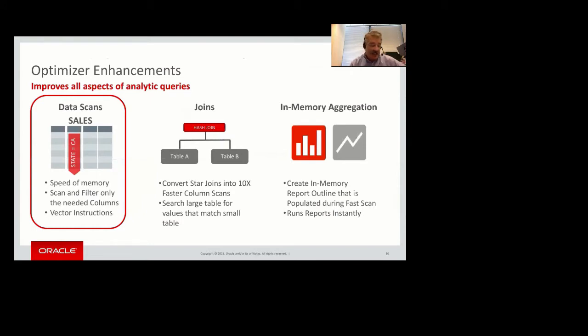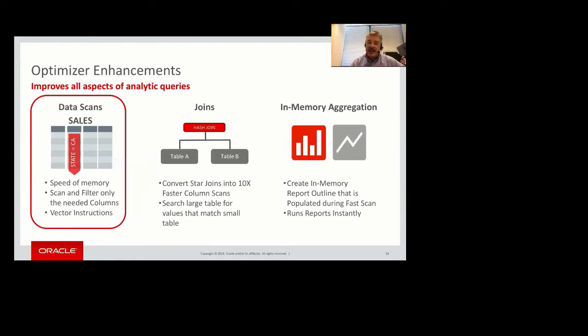In addition to that, the optimizer understands Database In-Memory as well. When you allocate the column store, you set inmemory_size greater than 0. The optimizer then has different access plans available to run Database In-Memory type queries. One of the first things it can do is push filter predicates into the scan.